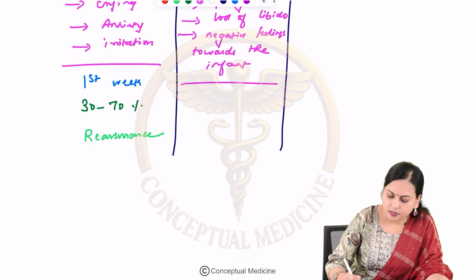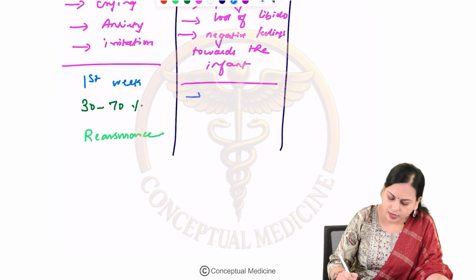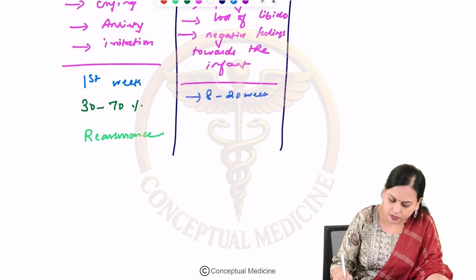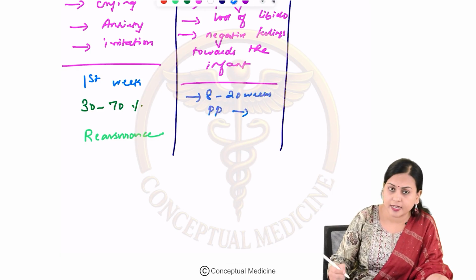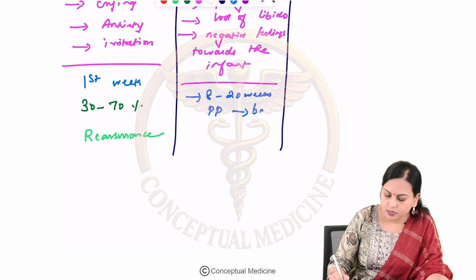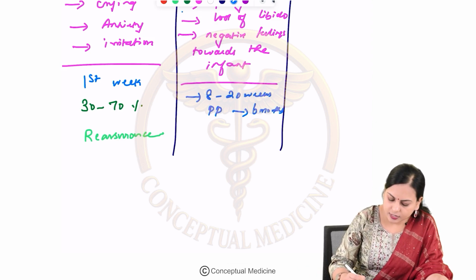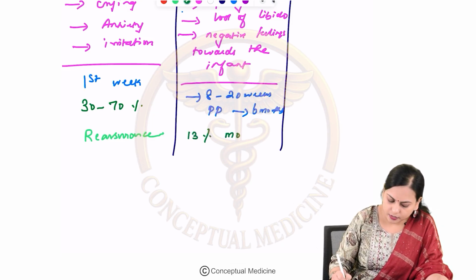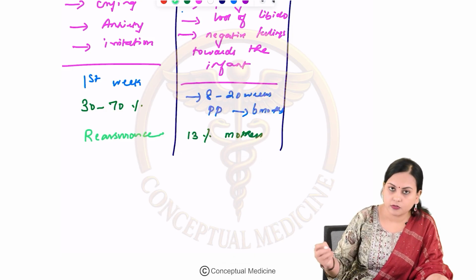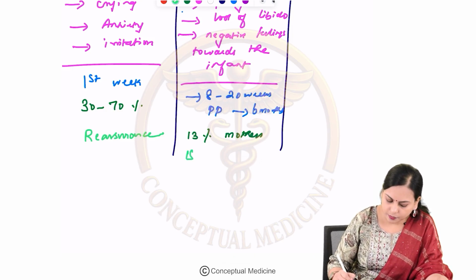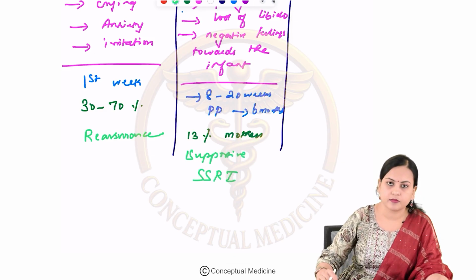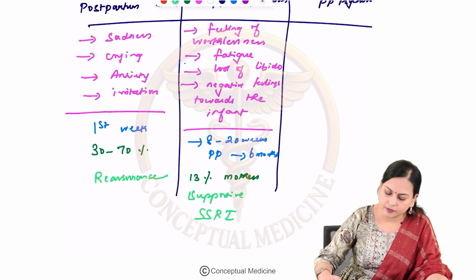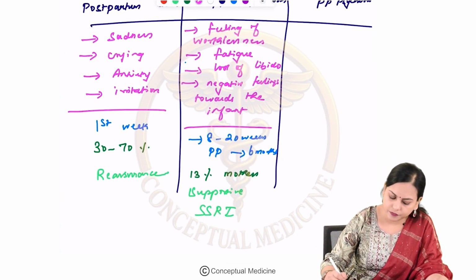This arises mostly in the 8 to 20 weeks postpartum period, and it can occur anywhere up to 6 months also. This is seen in 13% of the mothers, and to treat, you have to give some supportive measures along with SSRI. Clear?